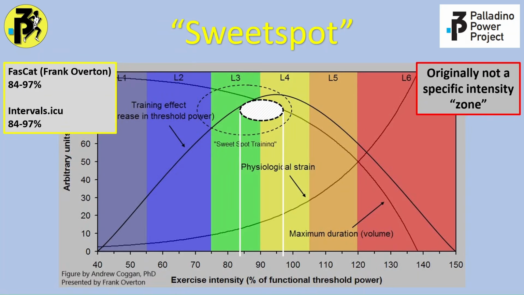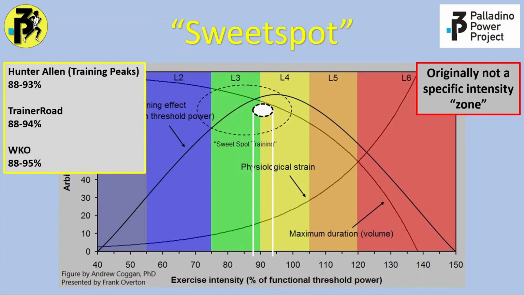Frank Overton has defined it as 84 to 97%, which is also captured by intervals.icu in their platform as 84 to 97%. Again, defining it as a specific zone, so to speak, going beyond the concept. So 84 to 97% by these two platforms, or individual in the case of Frank Overton.